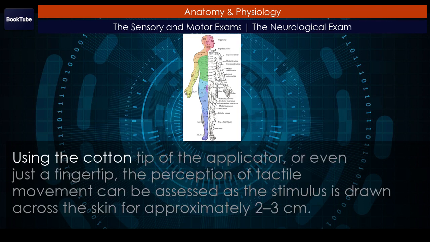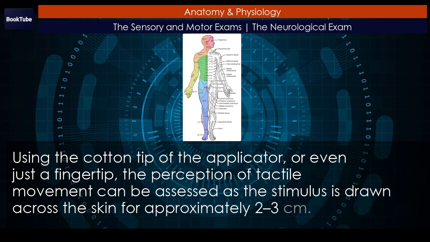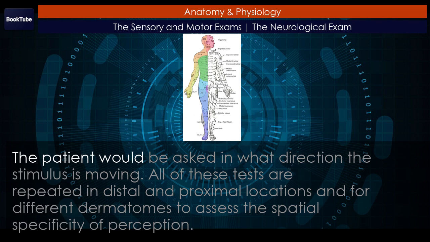Using the cotton tip of the applicator, or even just a fingertip, the perception of tactile movement can be assessed as the stimulus is drawn across the skin for approximately 2 to 3 centimeters. The patient would be asked in what direction the stimulus is moving.